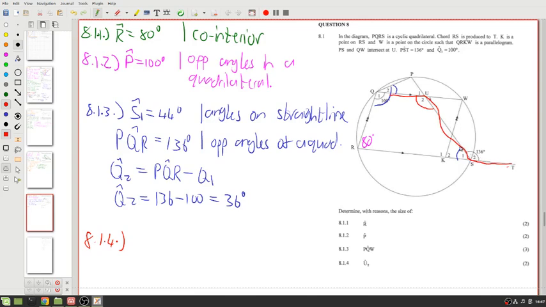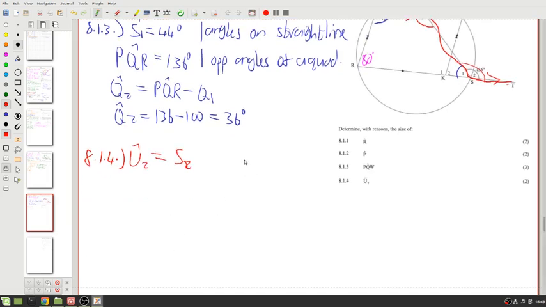We know that these two angles are equal because of what? These two lines are parallel. So therefore we can use alternating angles. We can say U2 equals S2, and the reason is alternating angles.